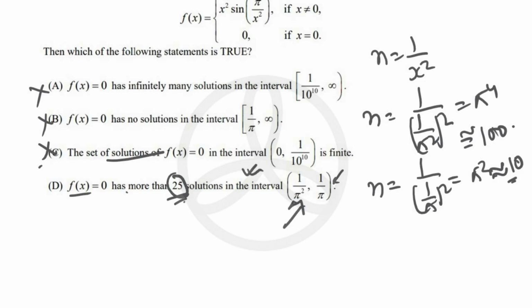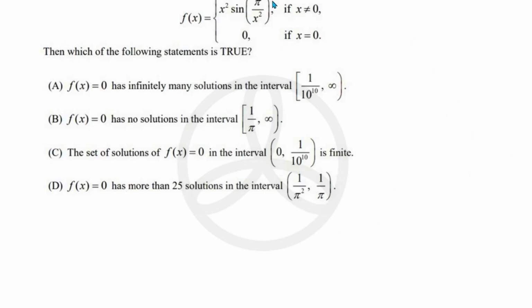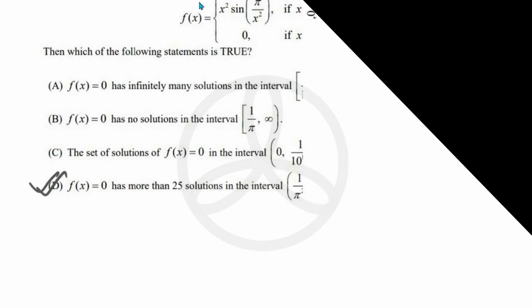If we look at these numbers, the number of solutions in this interval will be approximately 90. Approximately 90, I am saying, not exactly 90, is definitely a number which is greater than 25. Therefore, the correct option will actually be option D.